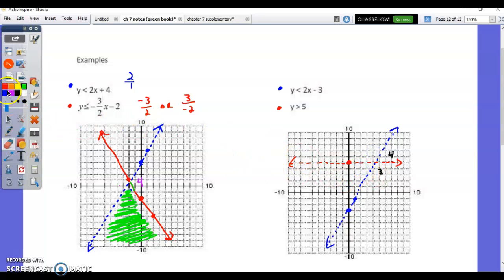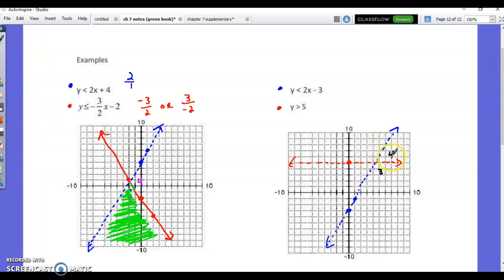And then I look at my 5. This says y is greater than 5. So my red has to be above, listed as above this red line. I know it's not in this section. It has to be this quadrant 4. So I'm going to be shading all of that, and that is my solution.